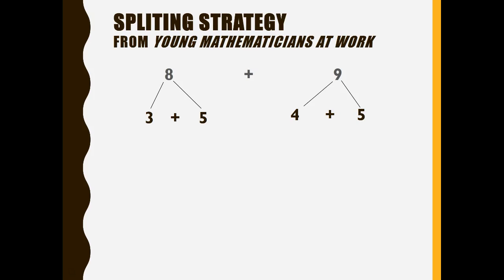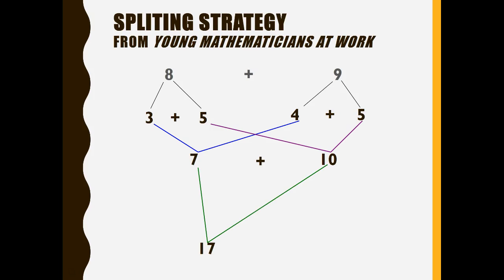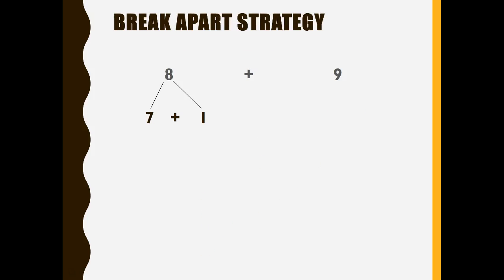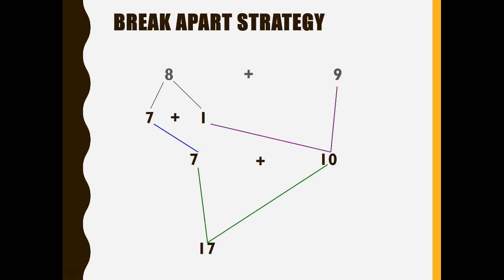So this is where you can break 8 into 3 plus 5 and 9 into 4 plus 5, and then the 5s will join to make 10, and the 3 and 4 will join to make 7, so that we have the answer of 17, having 7 in a multiple of 10. Or you can break 8 apart into 7 plus 1, add the 1 to 9, making 10, and there again we have 7 plus 10, which is 17.